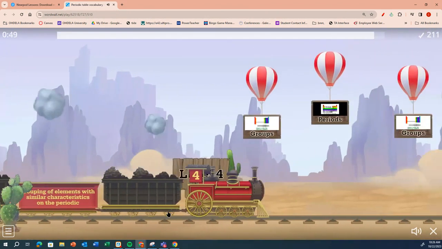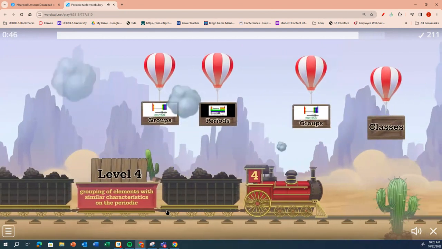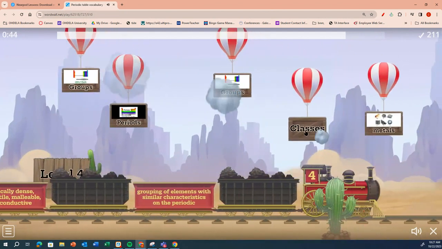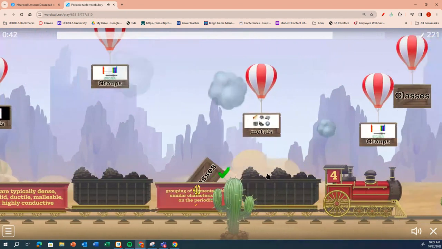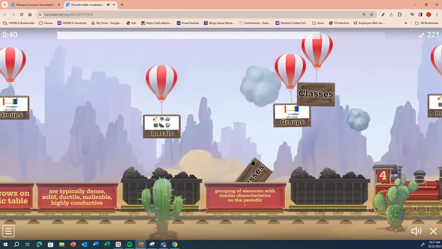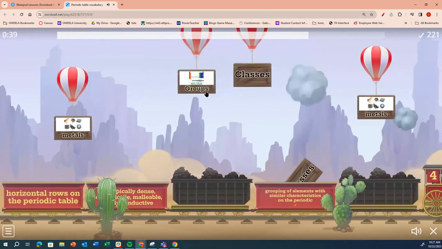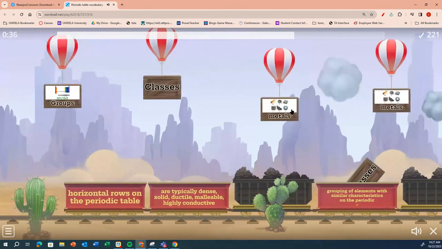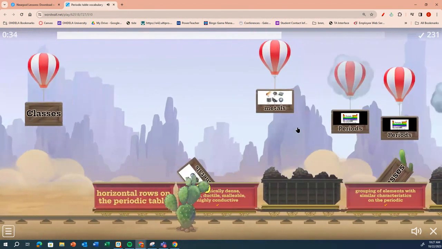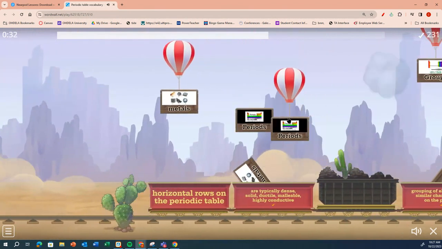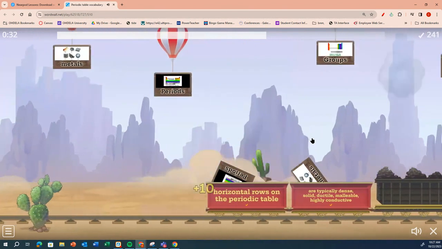All right, grouping of elements with similar characteristics, classes. Typically dense solids, those are the metals. Horizontal rows are your periods.